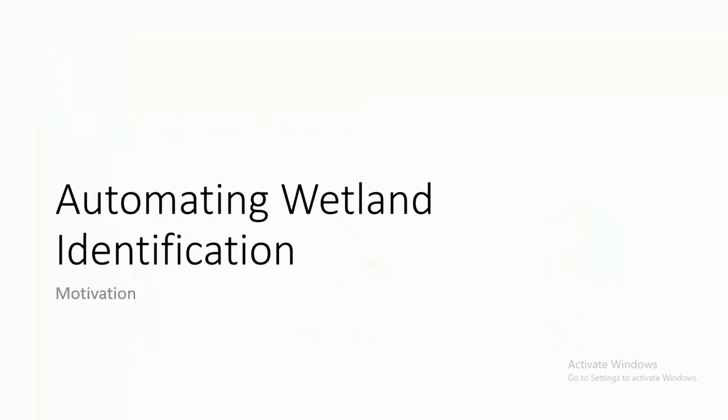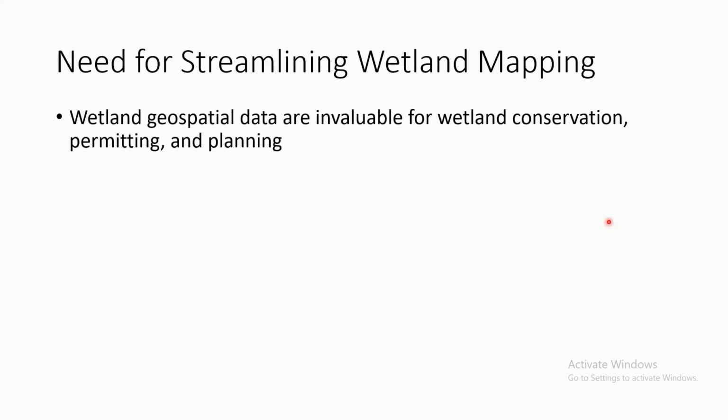Okay, let's get started. I will go incognito. First, a little bit of motivation for this need to automate wetland identification. In the wetland science community, in the conservation and planning community, there is this pressing need to be able to streamline the process of mapping existing wetlands, potentially restorable wetlands.